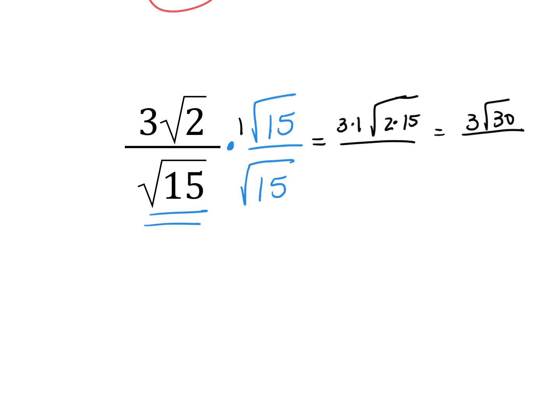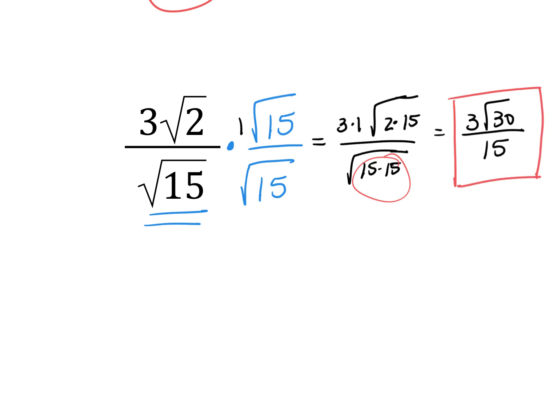Now, based on what we've learned about multiplying a radical by itself, like root 15 times root 15, oh look, I have a pair. It just automatically becomes 15, okay? Because I can take this pair outside. Now, the question is can I simplify root 30? No, I cannot. I'll just tell you that right now. So my final answer is this, okay?